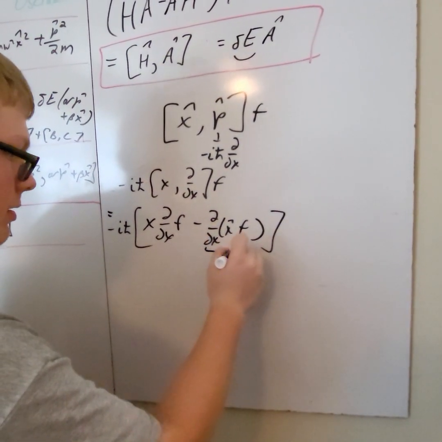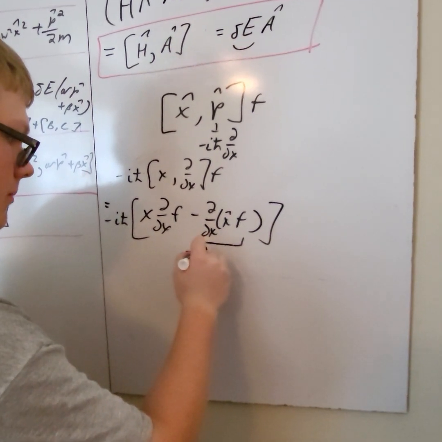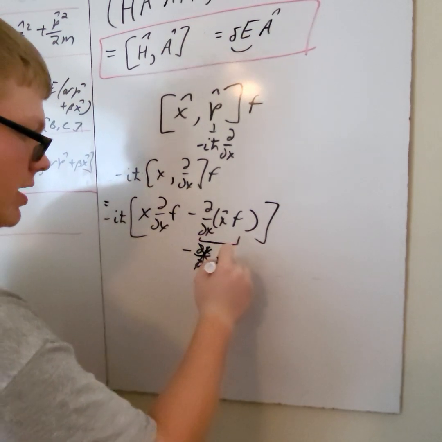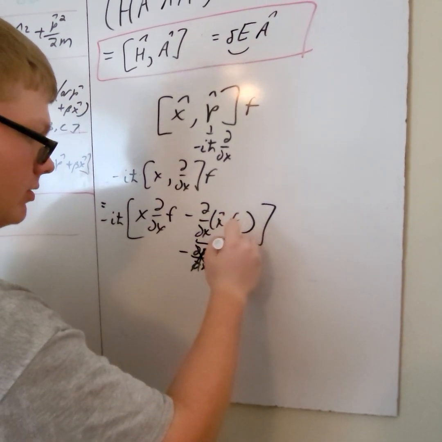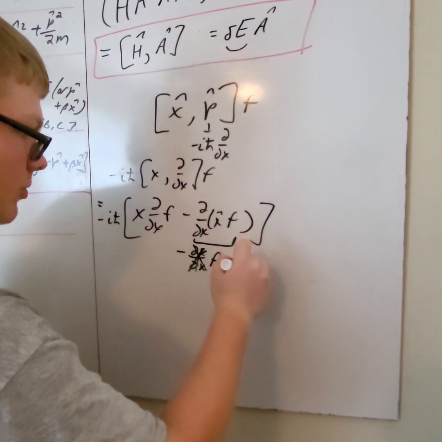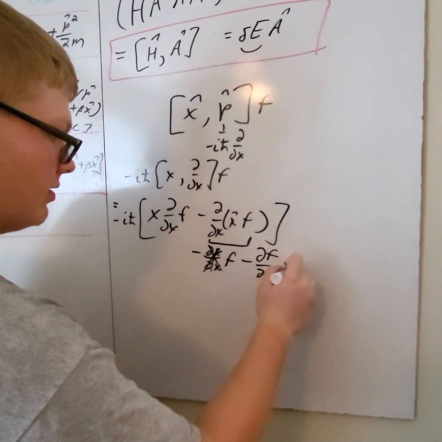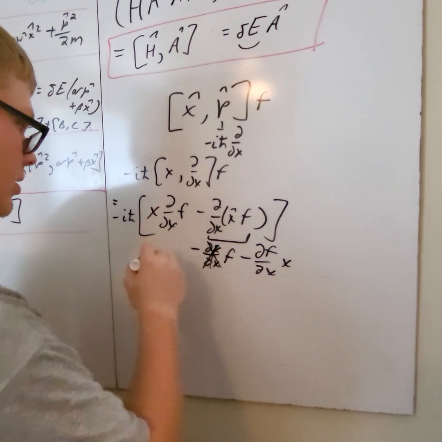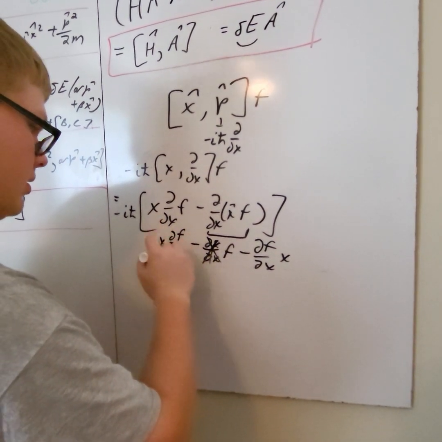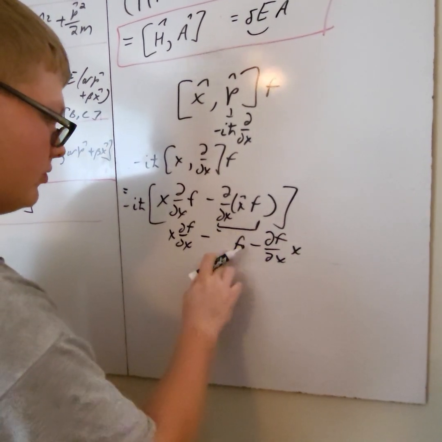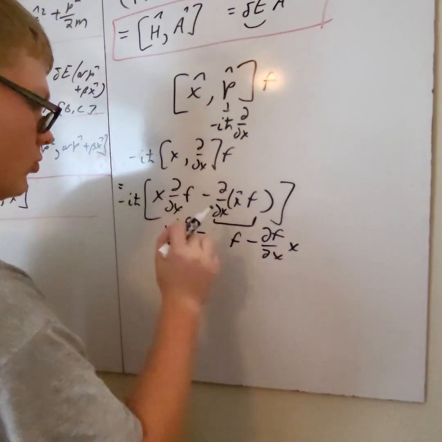And this, by chain rule, that disappears there, and you can break that apart as a product and get the derivative with respect to x times x. That just goes to 1 because the derivative of x with respect to x is just 1.